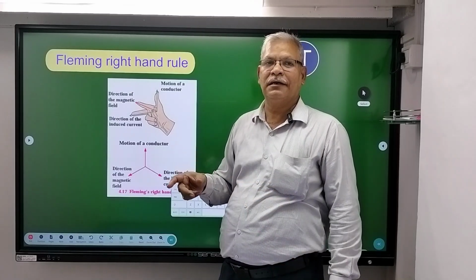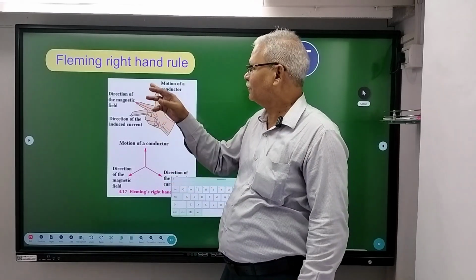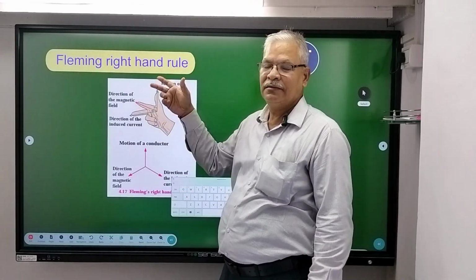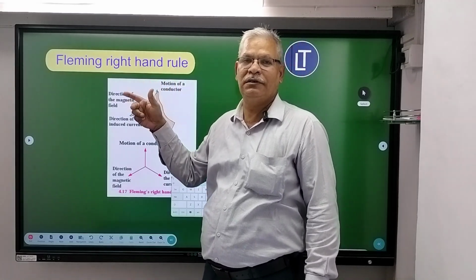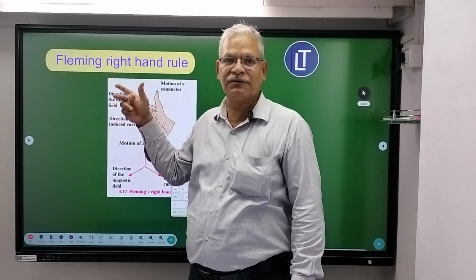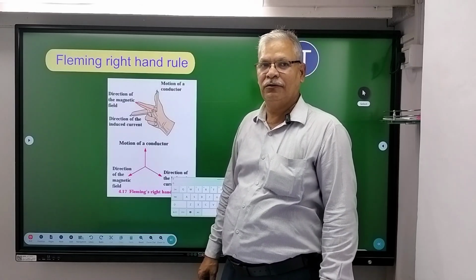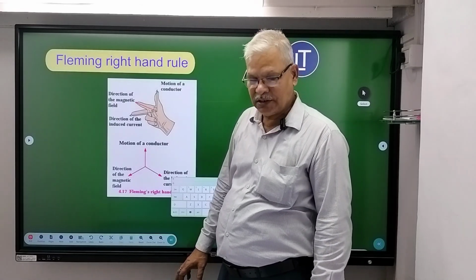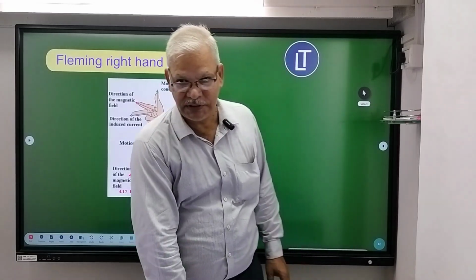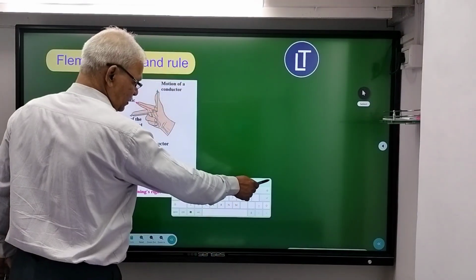Therefore, this Fleming right hand rule, or its principle, is used in the electric generator. Okay? Any confusion? No.